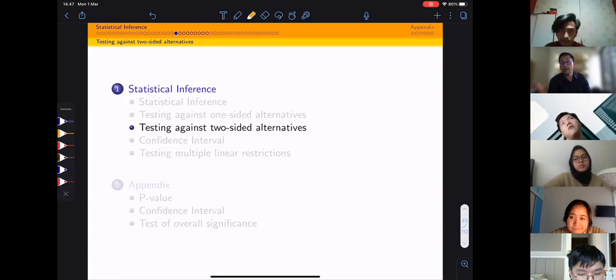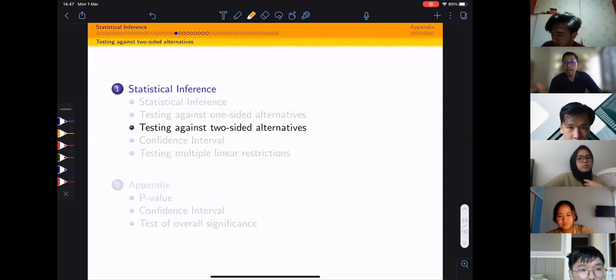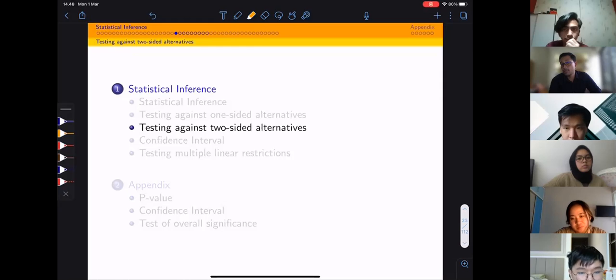However, if we're unsure whether there will be a positive or a negative effect, then it's actually conservative for us to assume that beta j is not equal to 0. So we don't know whether it's positive, we don't know whether it's negative.